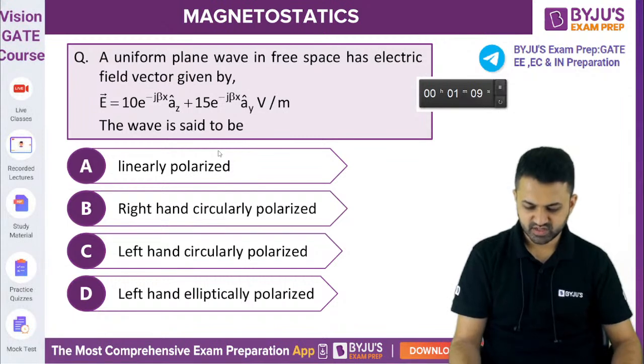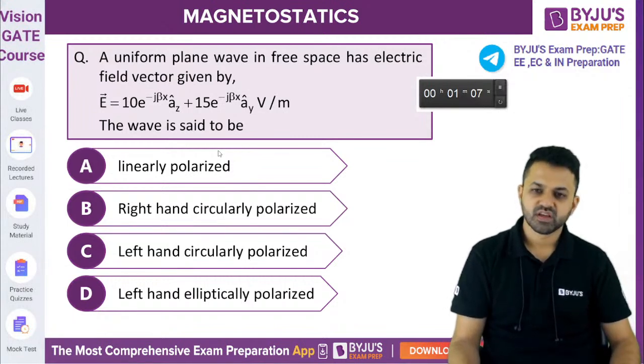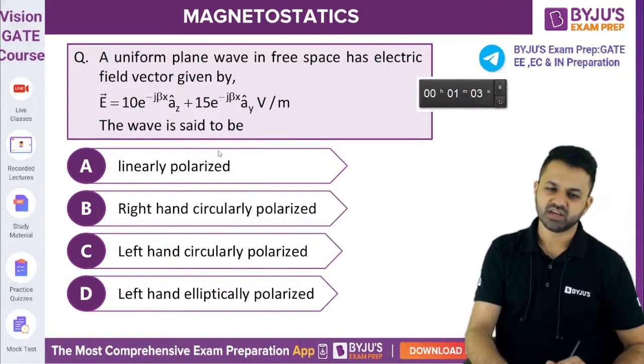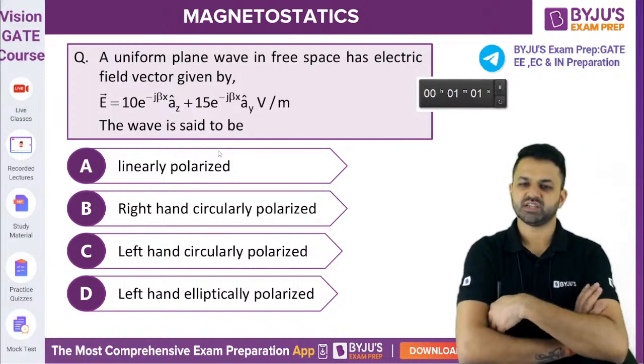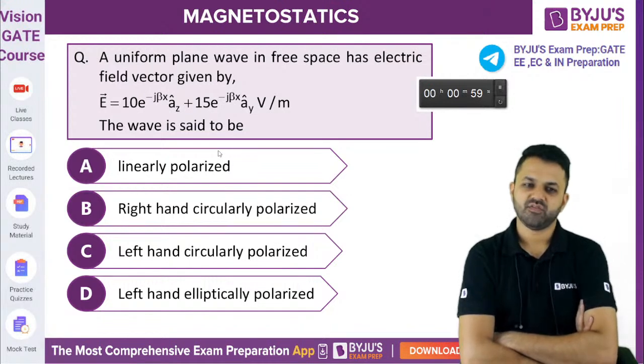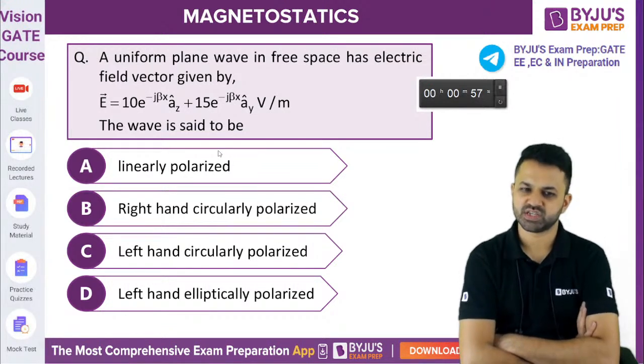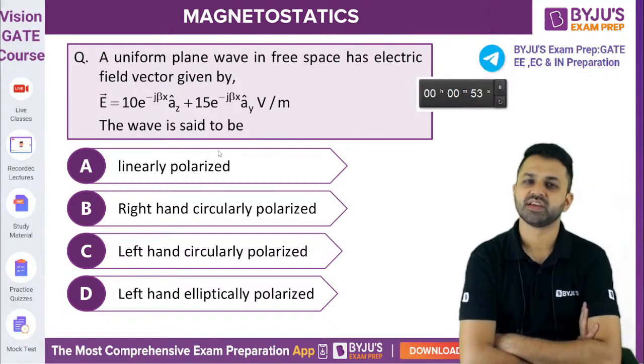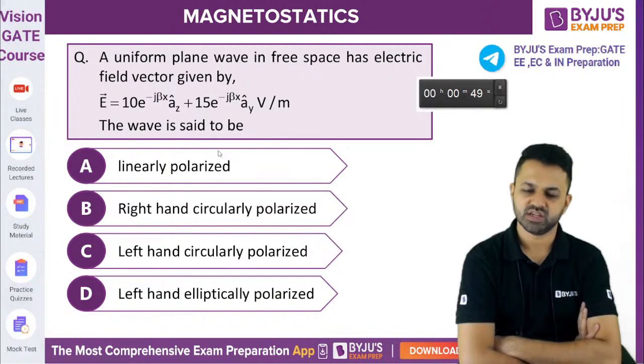Last 1 minute. Check your answers. Those who have got the answer, because the time is left, you can just cross check your answers. Just don't sit idle. Once you are done with your solution and if still the time is left, then cross check your answer. It will give you the habit of cross checking your answers.